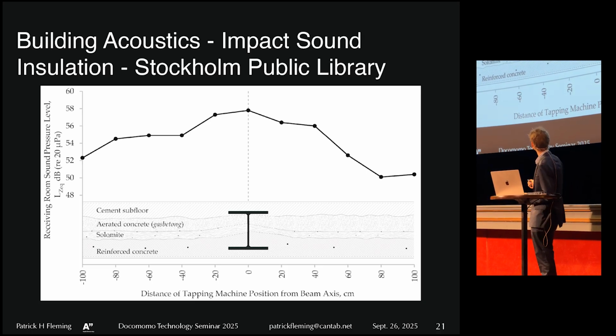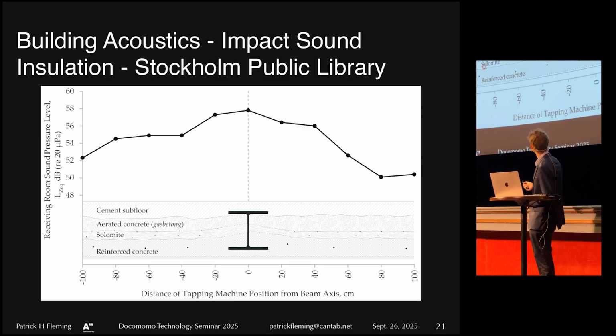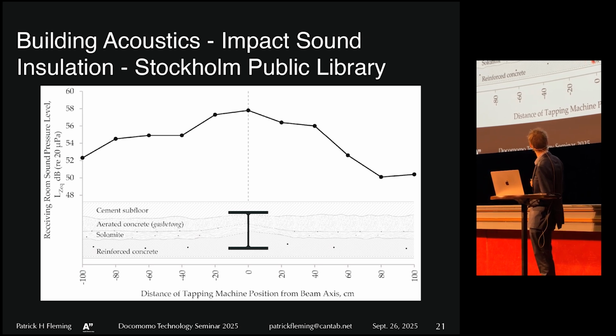And if we consider the section also, the solomite, which is supposed to act as a kind of acoustic insulation layer, it's really in the wrong place, right? So the subfloor is in good contact with the steel beam, which is also embedded in the lower reinforced concrete floor. There's no suspended ceiling.